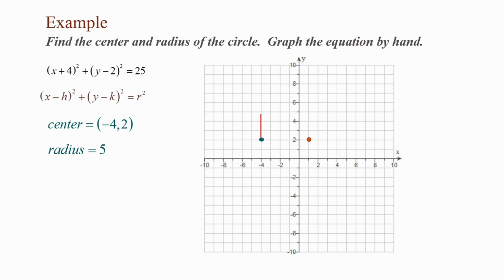Then go up 5, plot my next point, go left, plot that point, then down, and plot my last point. This will give me enough to draw my circle. So now I have the graph of the circle (x plus 4) squared plus (y minus 2) squared equals 25.